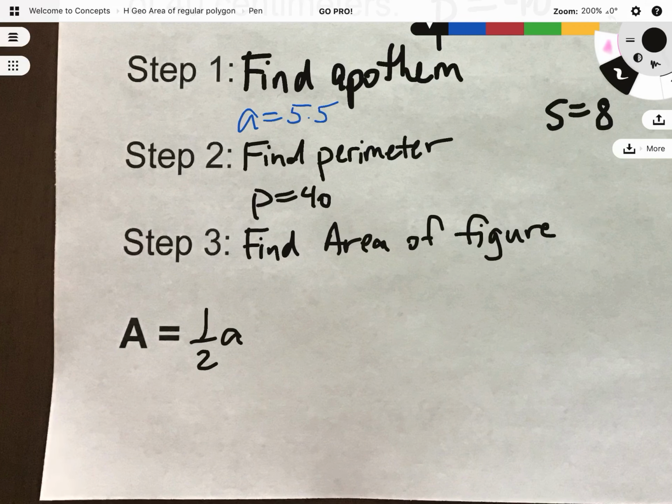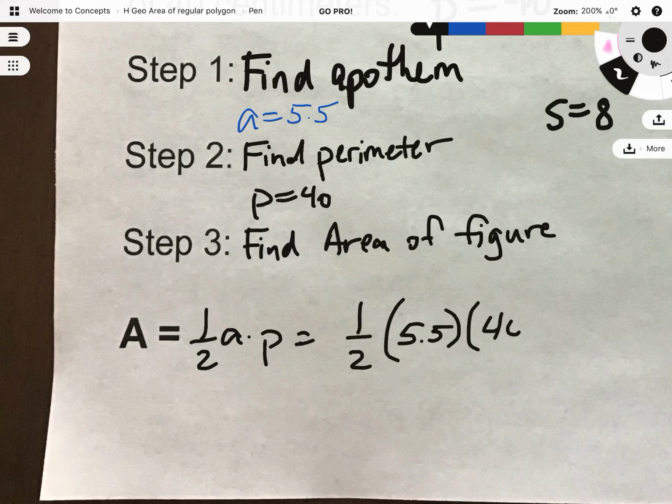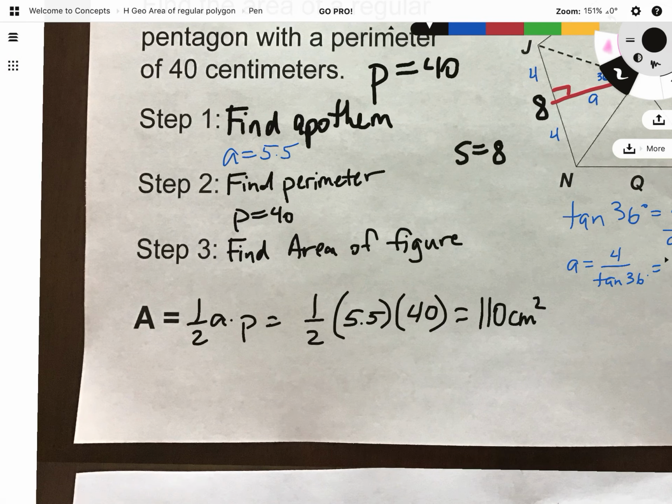So 1/2 A times P. So 1/2 the apothem, which is 5.5, times the perimeter, which is 40. And we get 110 centimeters squared. And there's our answer.